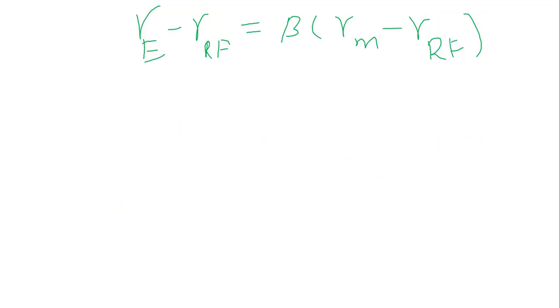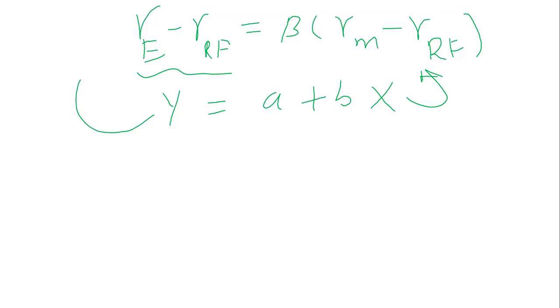This equation can be compared with the regression that you have learned, y equals a plus bx, where x stands for the excess market return and y stands for the excess return of the security. If you compare y equals a plus bx with the CAPM, the CAPM doesn't have an a; it is 0 in CAPM.